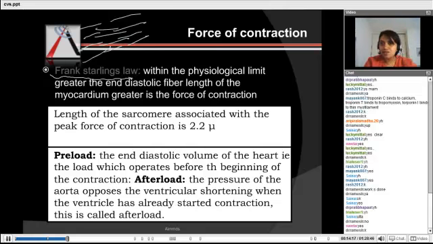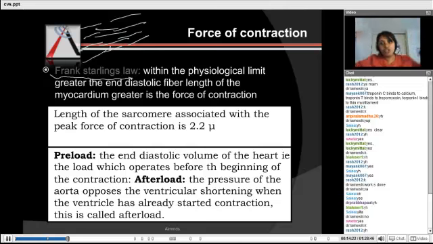Understanding the point? So if before contraction we are able to pull them apart, during contraction they will have more space to be pulled towards each other. So the force of contraction will be more. Isn't it? So that's what is Frank-Starling's law.